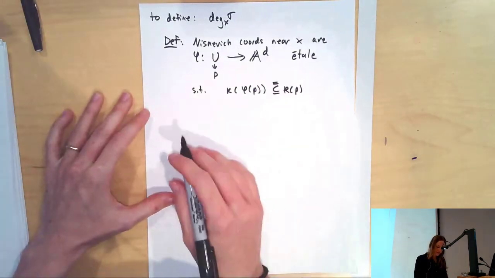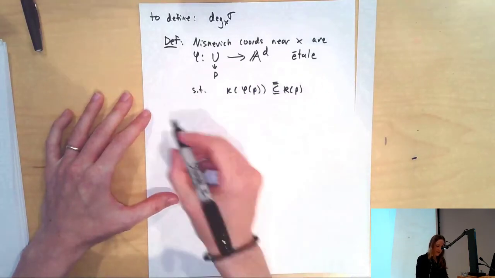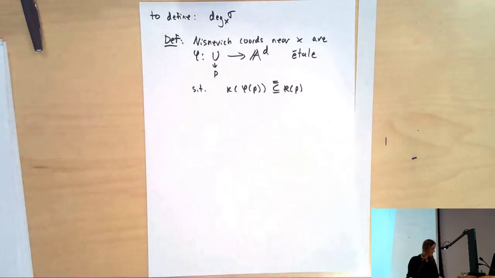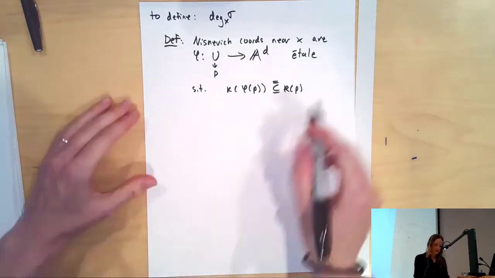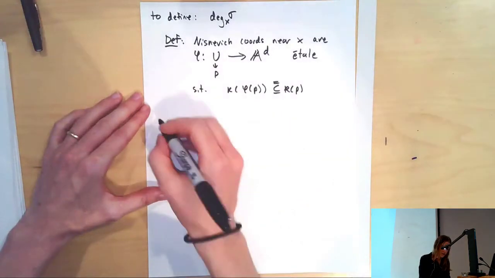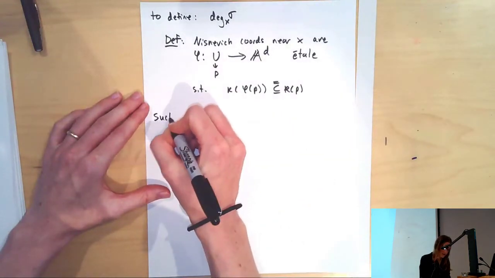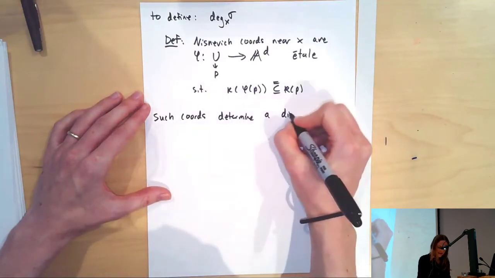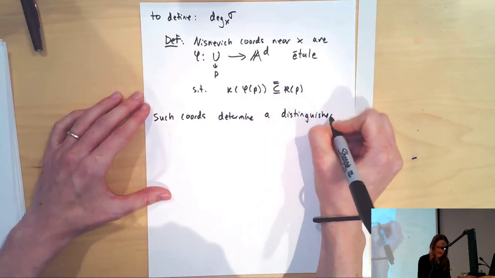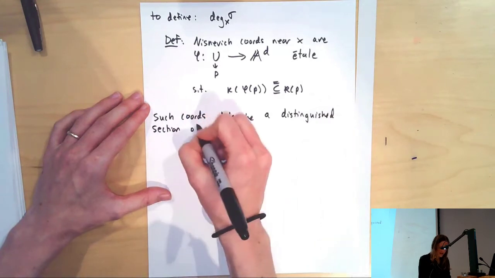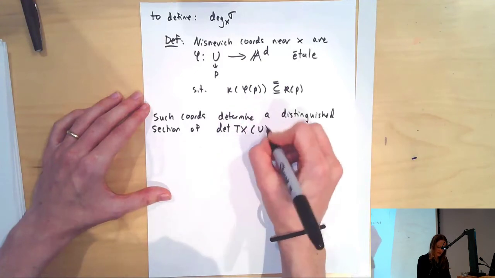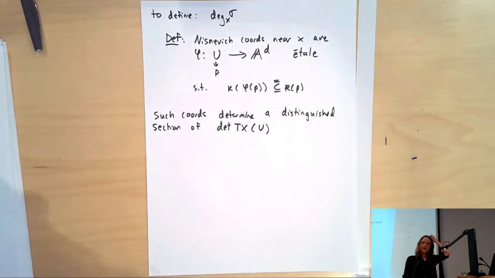And we'll say local coordinates determine a distinguished section of the tangent bundle, and in particular its determinant over U, because we have a nice standard basis for A^D.